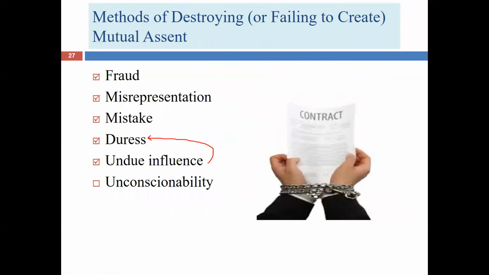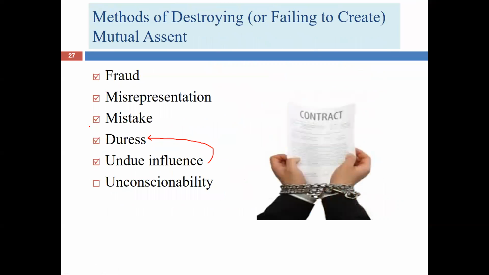Okay, so let's go on and talk about our final category. We've talked about fraud, misrepresentation, and mistake in our first lecture. We've talked about duress and undue influence today, and now we're going to go on and talk about unconscionability. Some people consider unconscionability not to be a way that mutual assent is destroyed.